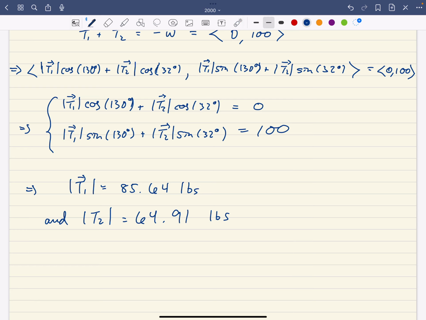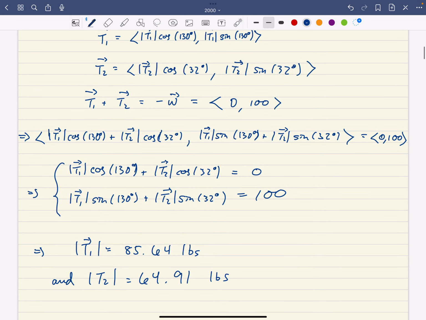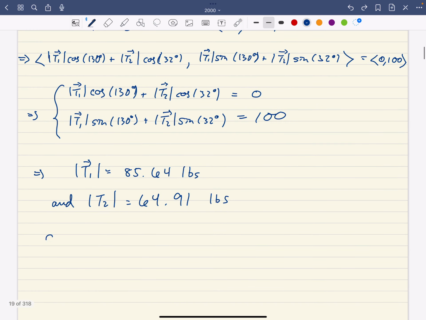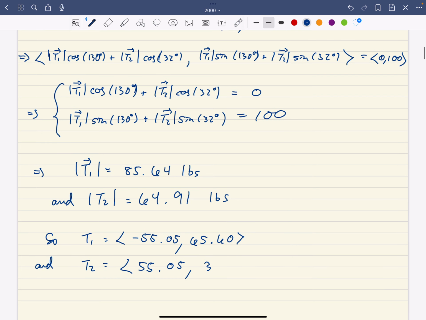You could think of this as a linear algebra problem, or just a system of two equations. What makes these numbers messy is that cosine of these angles don't come out very nicely. And so once we have the magnitudes, we can go back and plug in. Remember that we wrote T1 and T2 in terms of their magnitudes. So if you plug in the magnitude for T1, and cosine and sine of 130 degrees, it turns out that the vector T1 has components negative 55.05, comma 65.6, and T2 will have components 55.05, comma 34.4.